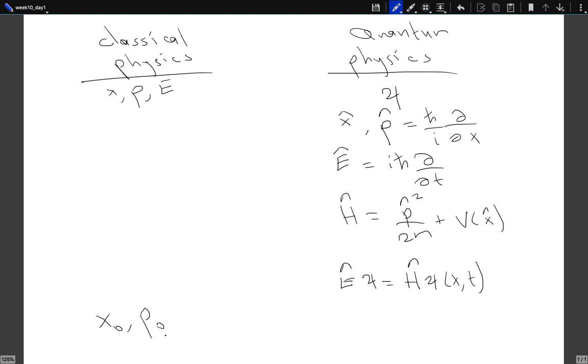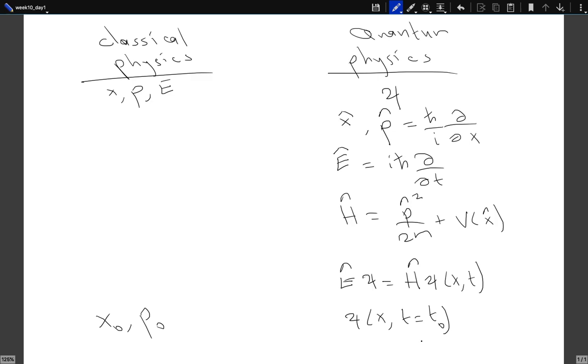In quantum physics, the initial condition is not the position and momentum, but the initial wave function, psi of x at a time t equal to t0. This is what you should give to the system. So this is basically how you prepare your system. In classical physics, preparation of the system consisted of determining the position and determining the momentum of the particles in the initial states.